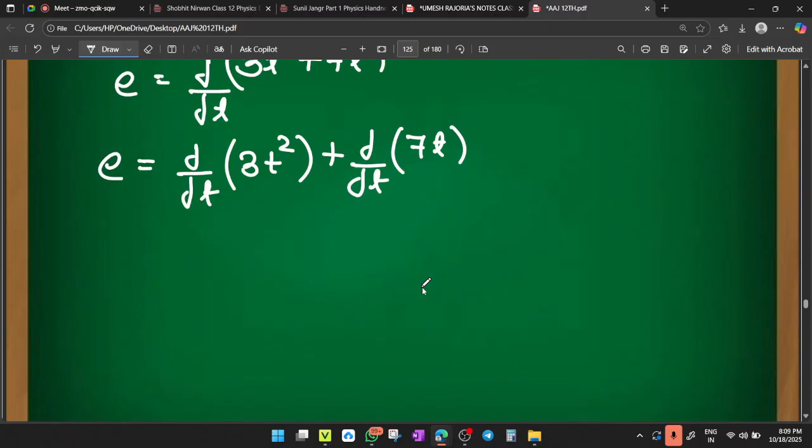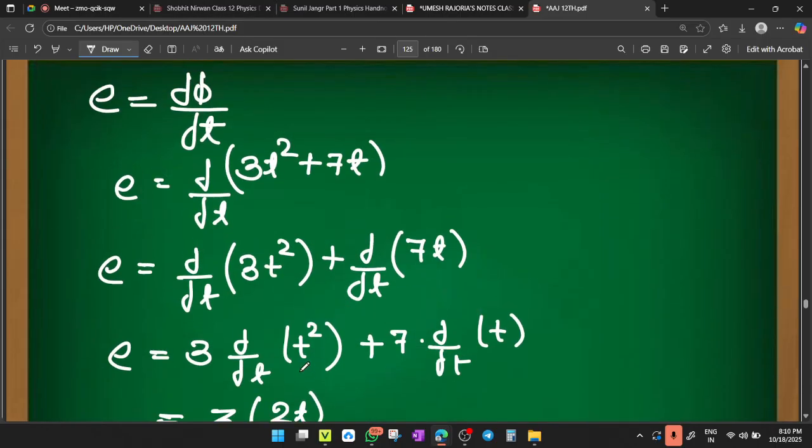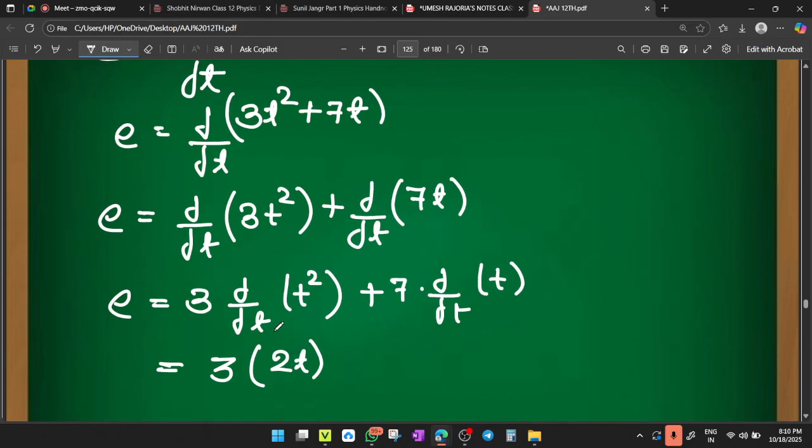Now 3 is a constant, you can take it out. So 3 is the constant, d by dt of t square, and d by dt of 7t, so 7 and d by dt of t. The differentiation of time t with respect to time t is equal to 1, and 3 multiplied by 2t. Understood how it came out, t square? You know the formula? No. Okay, see here.